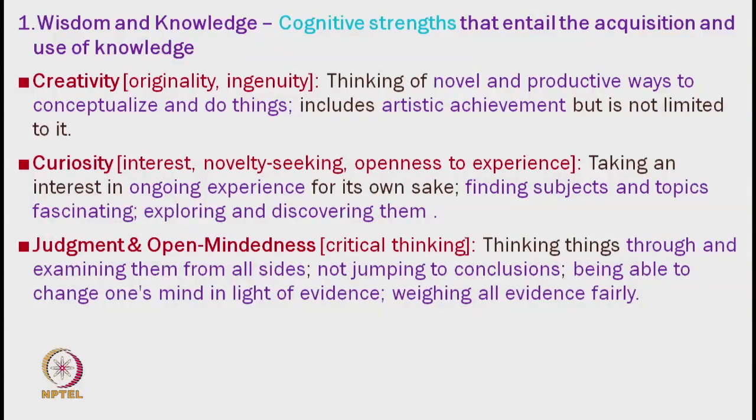So, curiosity to know new things, curiosity to explore new things, curiosity to discover new things, that is another strength under this virtue. Next is judgment and open mindedness. It means critical thinking. When we are saying critical thinking, it means thinking things through and examining them from all sides.